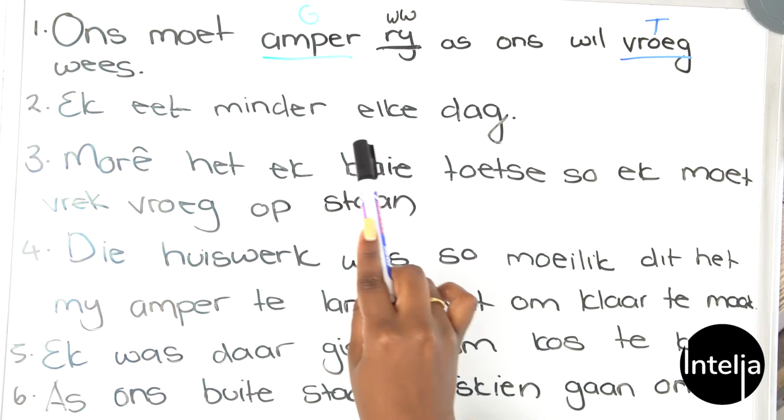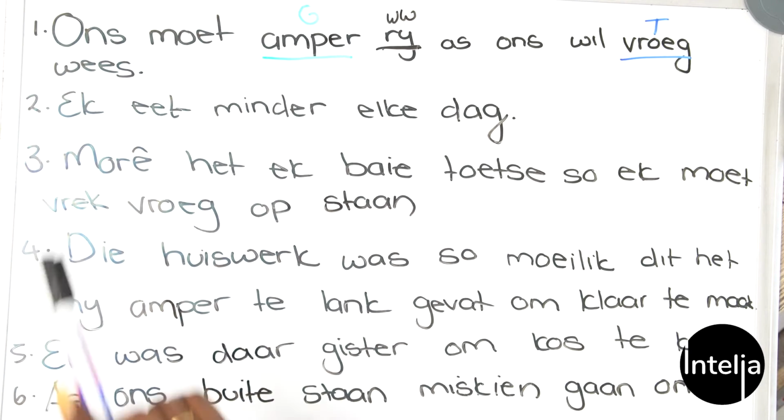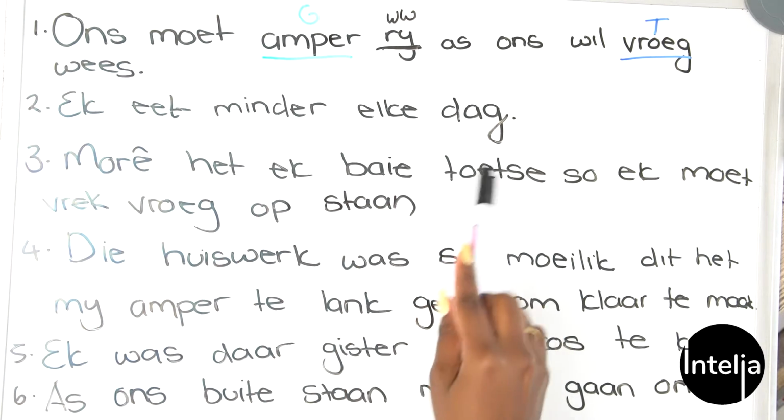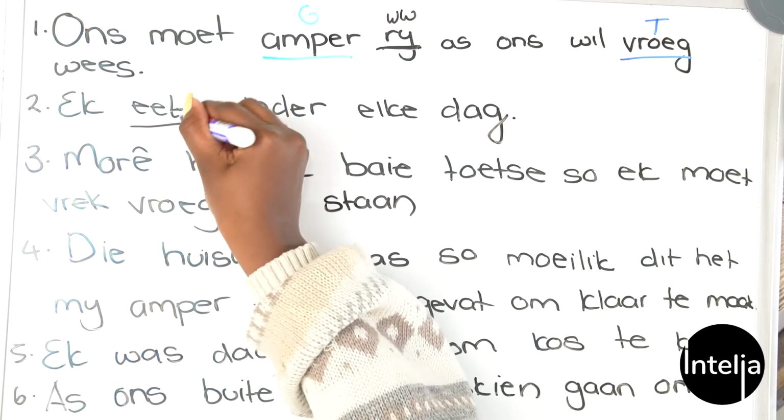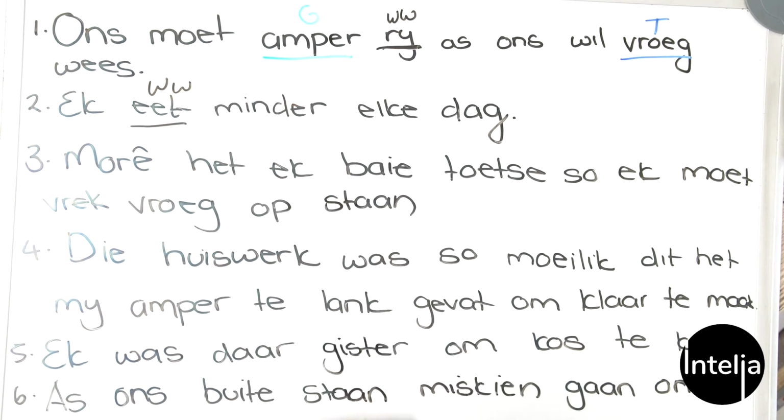Ek eet minder elke dag. Wat is ons werkwoord in sin 2? What is our verb in sentence number 2? That's right, eat. Werkwoord, right? So, now let's go through the list. Het ons 'n bywoord van tyd?